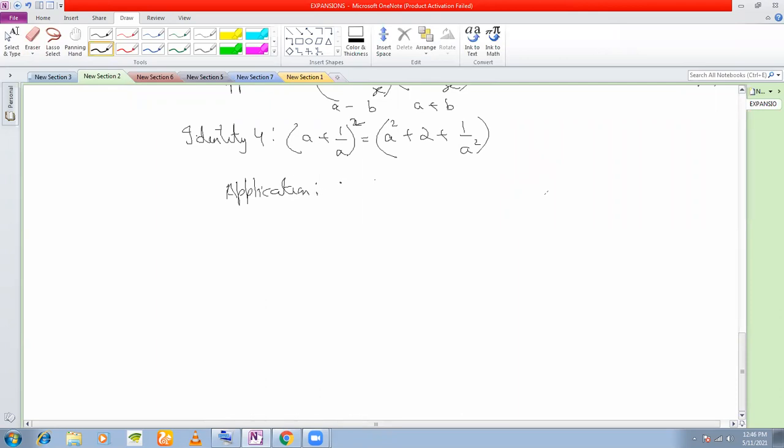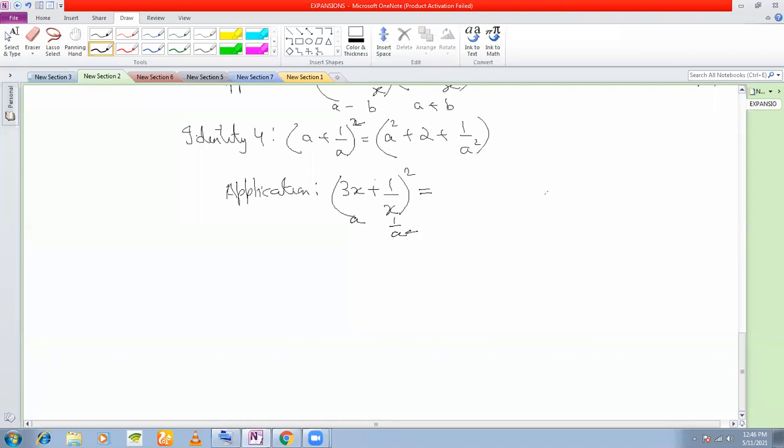Let us say this (3x plus 1 by x) whole square. You can expand this in the following manner. You can take this as your a and this as your 1 by a.